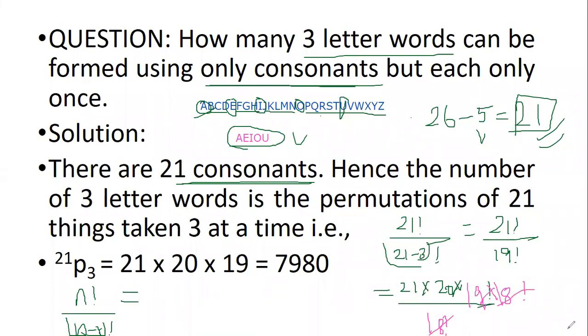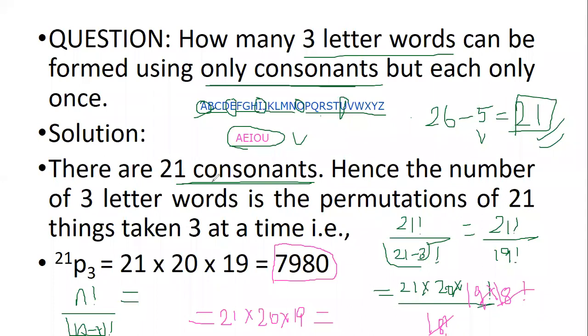Yes or no? Okay, so what is left? 21 into 20 into 19. So when you multiply 21 into 20 into 19, you get 7,980.